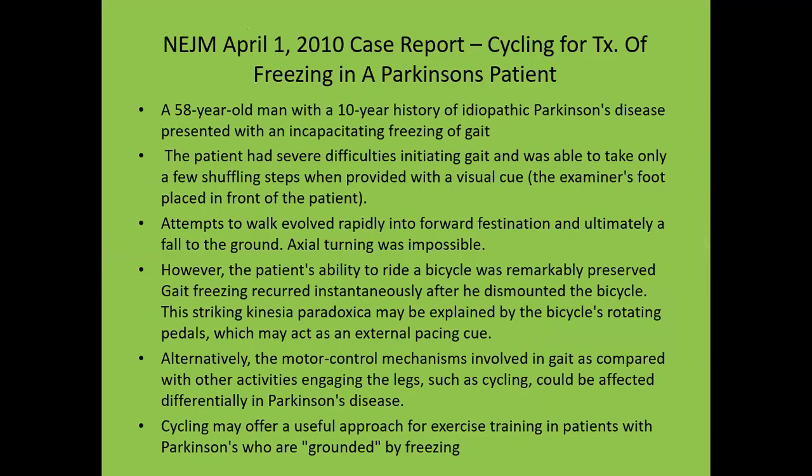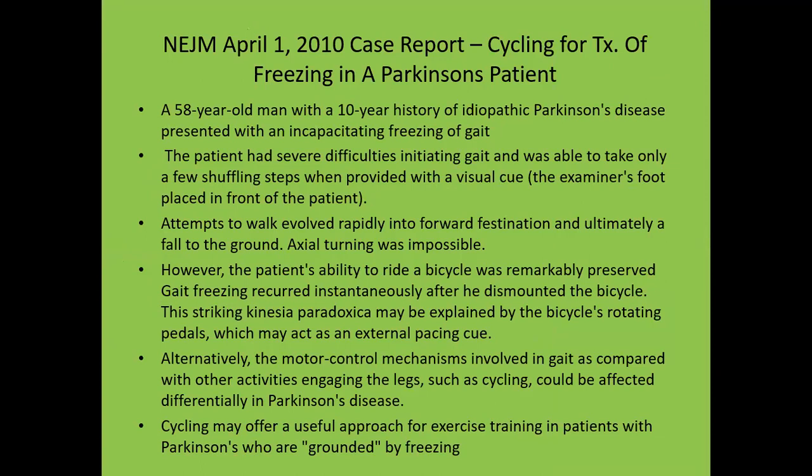One case report I wanted to give: a 58-year-old man with a 10-year history of idiopathic Parkinson disease, with incapacitating freezing of gait. These are the symptoms with which he came to the Parkinson clinic.